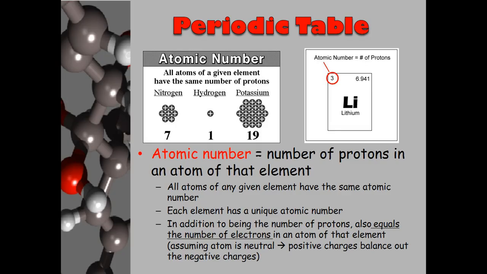Remember, the number of positives in your nucleus, aka the number of protons, has to equal the number of electrons to balance out the positive and negative charges, but that's only if the atom is neutral. If I'm dealing with something like an ion, that won't necessarily hold up, and we'll get more into that in a little while, okay? But for today, let's assume we're talking neutral atoms, so your atomic number is your number of protons, and then that can also be used to predict the number of electrons.